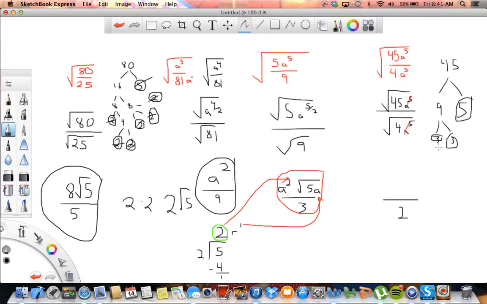Now I see I've got a 3 that's going to come outside of the radical sign, and I cross those off because I have a pair of them. Always pull your pairs outside, and whatever's left over goes on the inside, which in this case is a 5. So there we go. That is numbers 5 through 8.